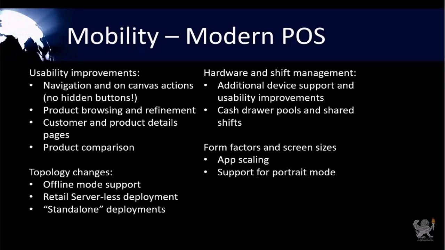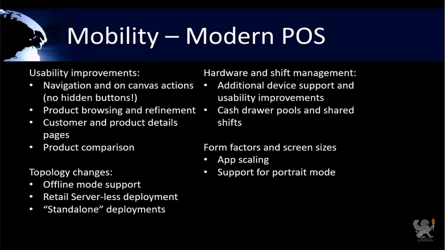But again, we've heard from partners and retailers that this is a deployment option that they feel comfortable with. It works with their infrastructure and their needs. So that capability is here again with the modern POS clients, and the ability to have this serverless deployment enables that as well.